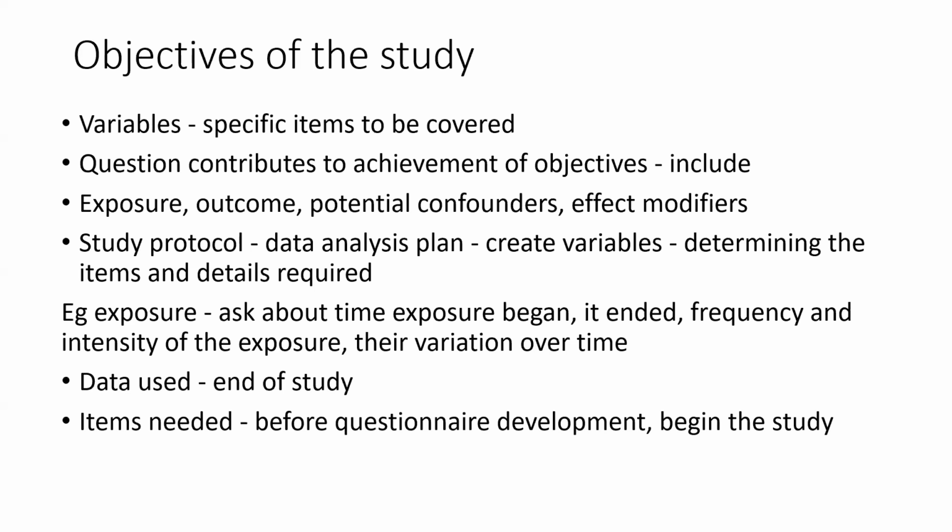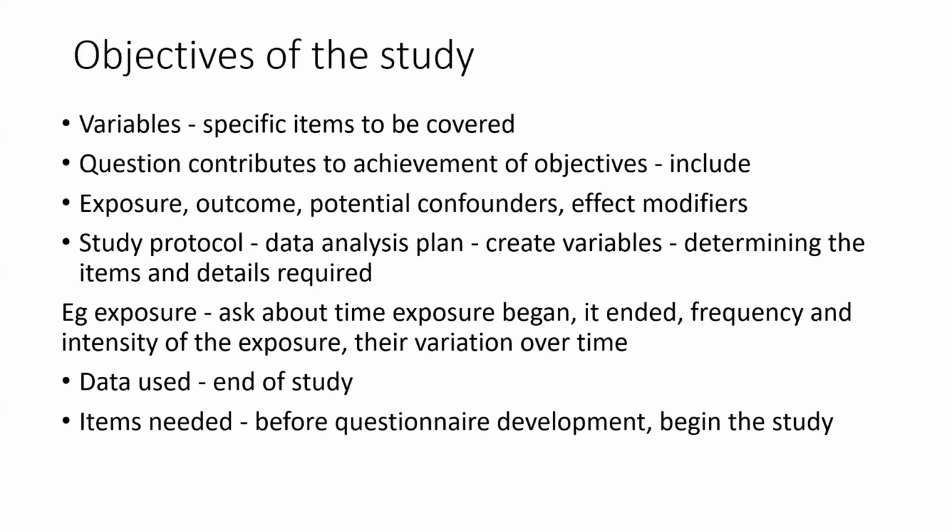The variables of interest in an epidemiological study will be in terms of the exposure, the outcome, and the potential confounders and effect modifiers. So you can draw your DAGs to identify these different variables. Also remember that you start thinking about these items, variables, and questions right at the time when you are writing down your study protocol.